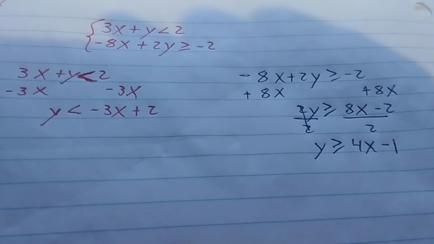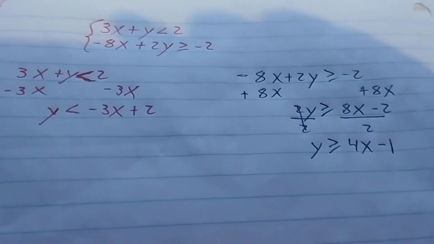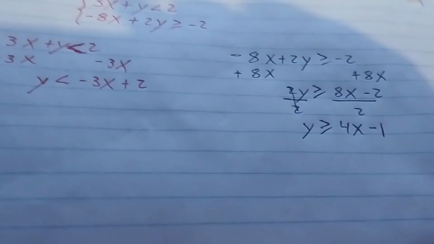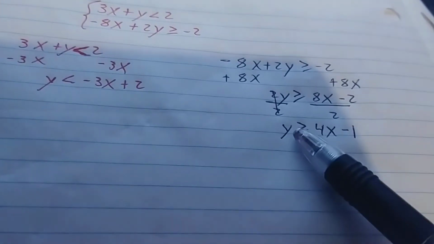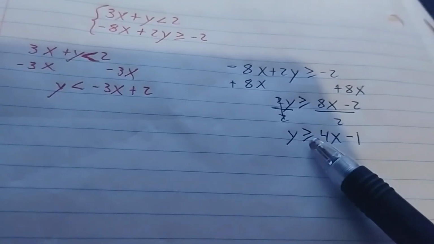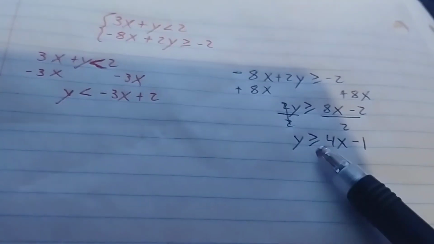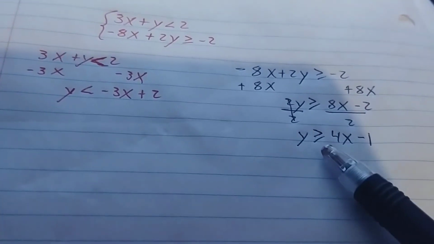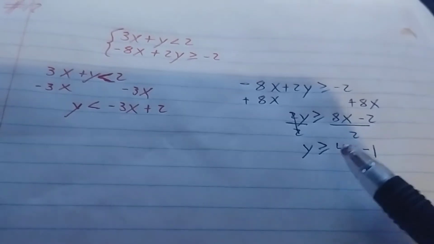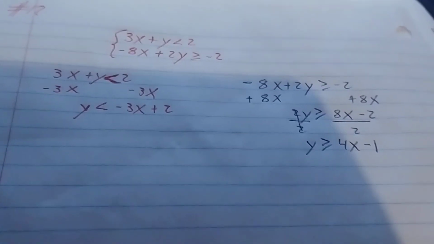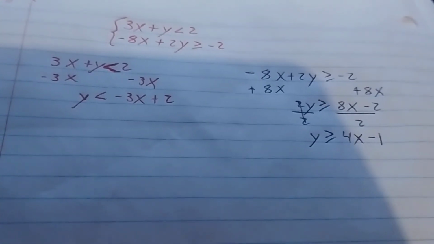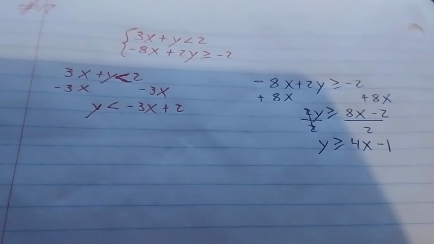If it's greater than, shading above. If it doesn't have the equal sign, like the black equation does, it's going to be a dotted line. And if it has it, then it's going to be a solid line. And this is it. This is everything you need to know about graphing inequalities.